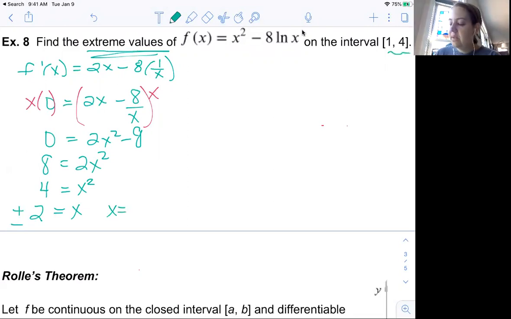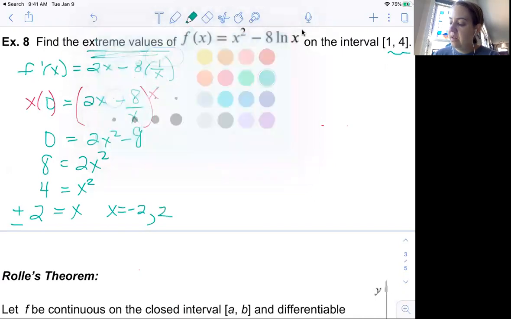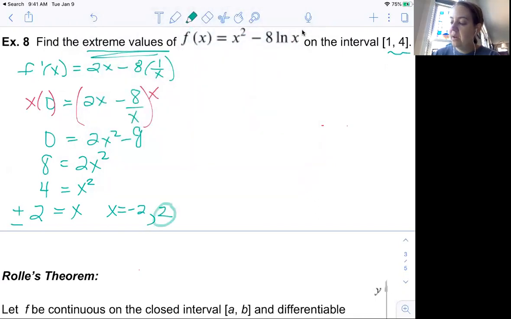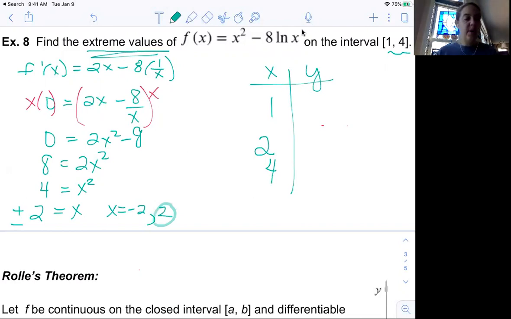So x does equal -2, x also equals +2, but the only one on that given interval is the +2. So when we go to make our table, here's my endpoint 1, here's my endpoint 4, here's my critical point 2. I don't have to include the -2 because it's not on the interval from 1 to 4.